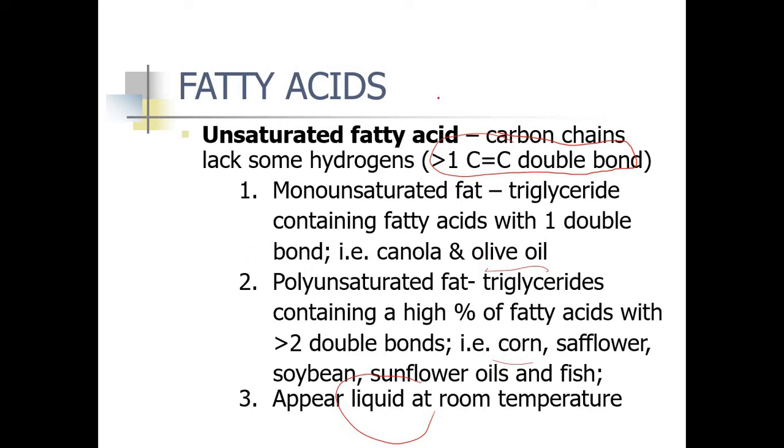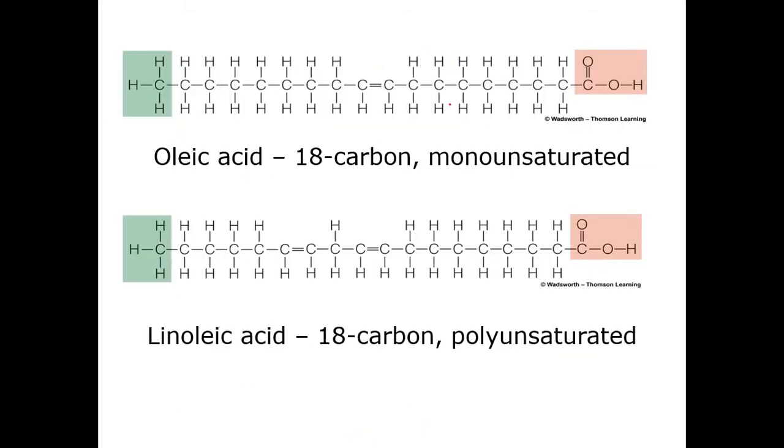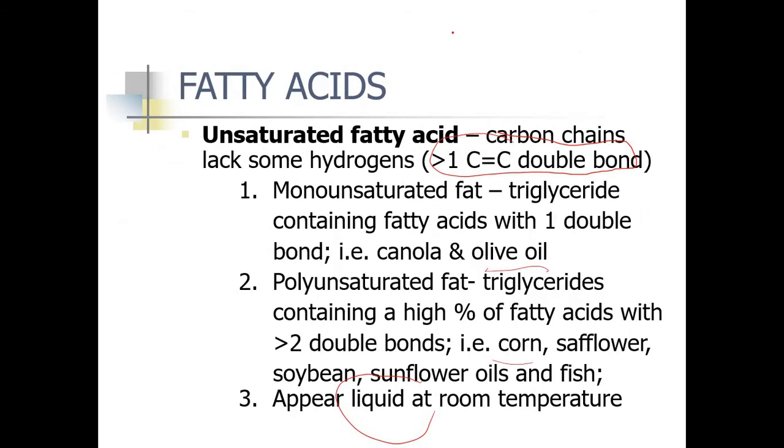So why is that so? If this is the COOH, this is the saturated, so it only has single bonds. Whereas in unsaturated ones, there can be a double bond, so there is hindrance here, and it forms a kink if there is a double bond.